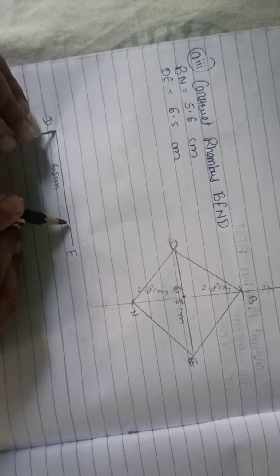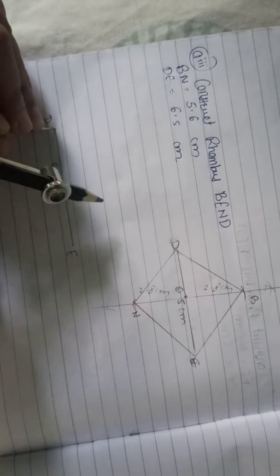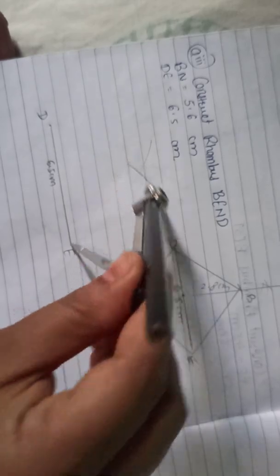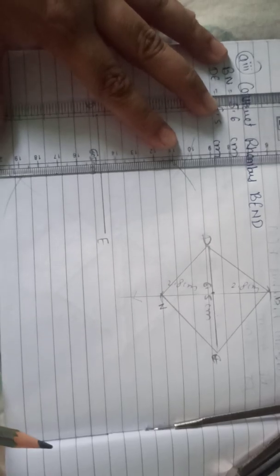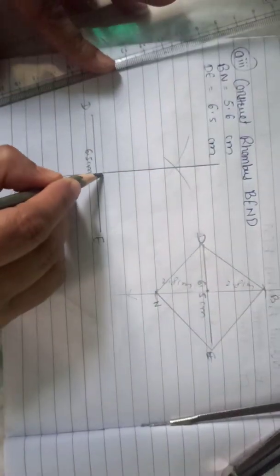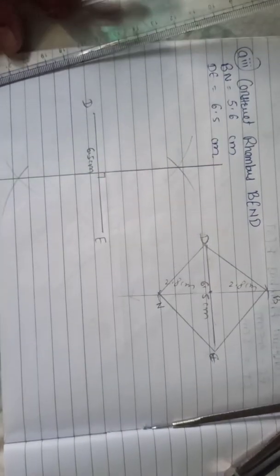To this DE we have to bisect it, taking more than half the distance of DE. From both sides you can draw the arcs. Okay, now bisect it. Join these 2 points. Okay, and this is forming a 90-degree angle here.